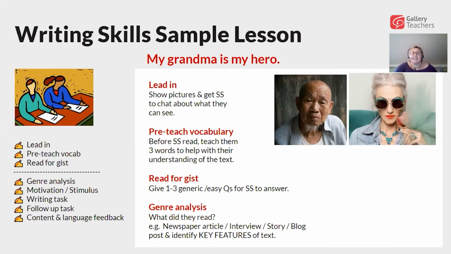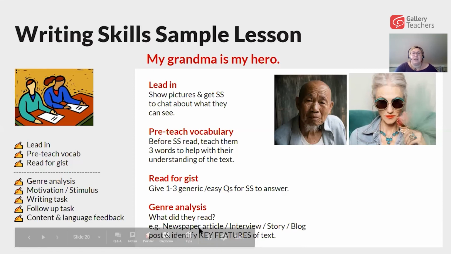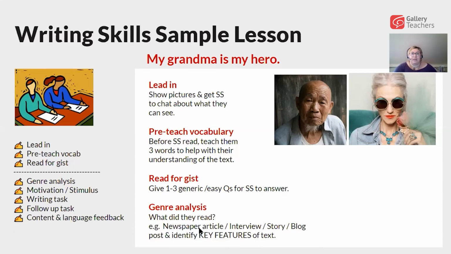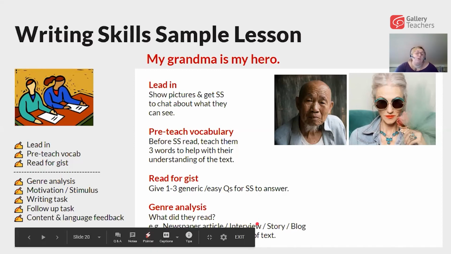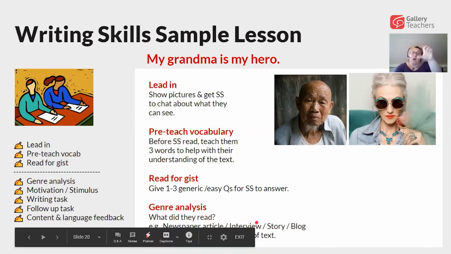So this is where we'd be looking at the key features. So as I mentioned, for the newspaper article, using the passive is really common, or not using I as a pronoun. Maybe if you're writing an interview, the format might be question, answer, instead of a block of text like you might get if you were writing a story.